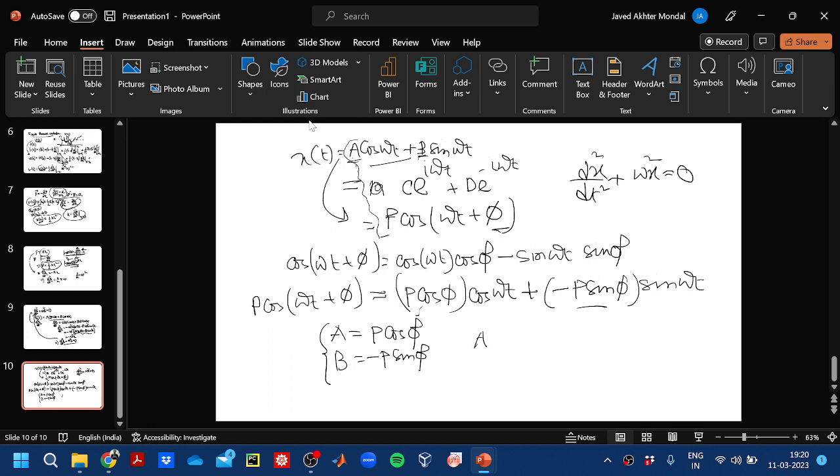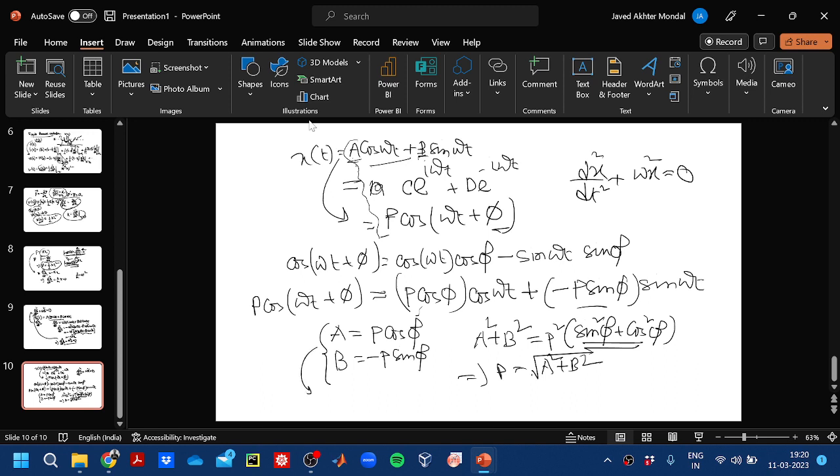If we square them and add, then we get p squared times sine squared phi plus cosine squared phi, and the value of this is 1. So p is root under a squared plus b squared. So this is the value of p, and what will be the value of phi?